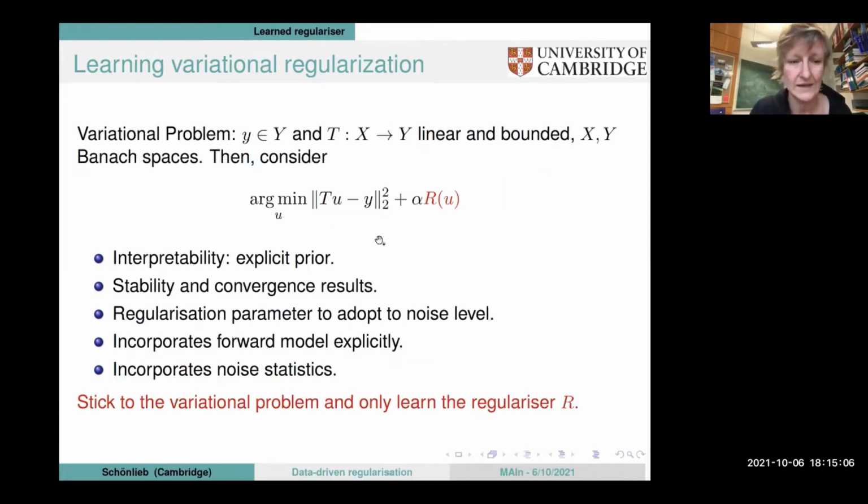So let's focus on linear and on the variational setup, and I want to learn a regularizer. The idea that we had is to learn a regularizer with a neural network, parameterizing the regularizer as a neural network.